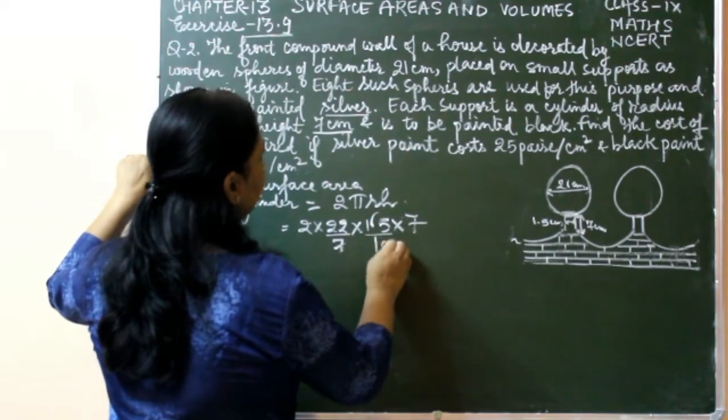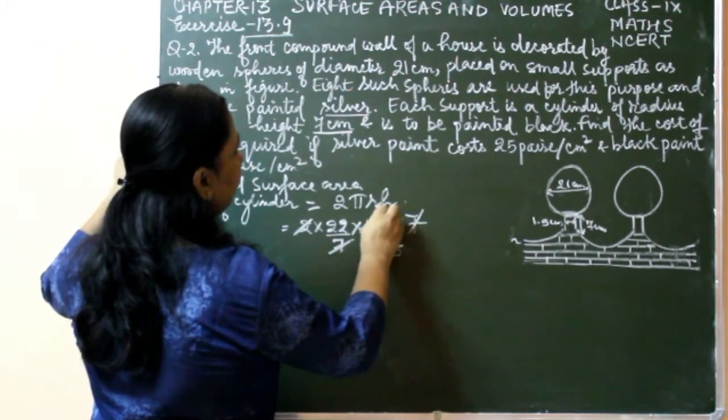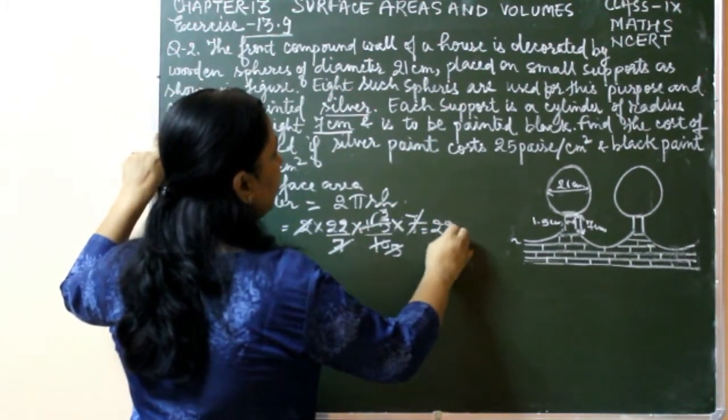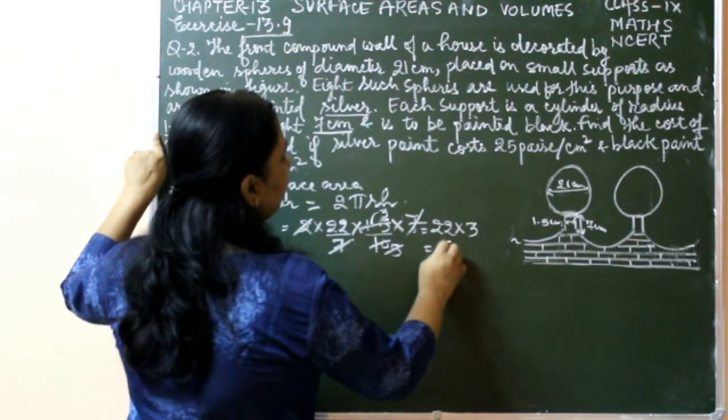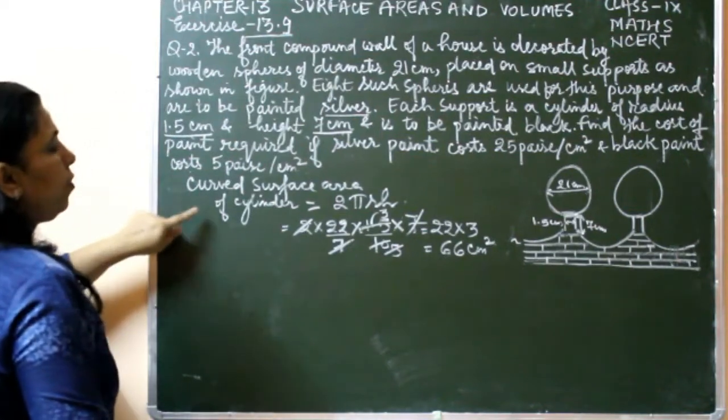Point removed, 7 cancel 7, 2 5s are 10, 5 3s are 15. That is 22 into 3, which is equal to 66 centimeters square. This is the curved surface area of one cylinder.